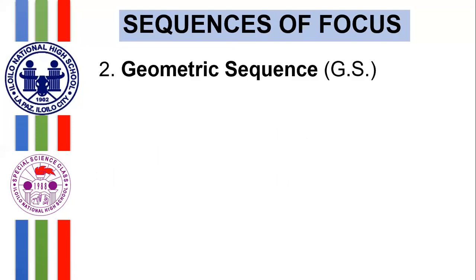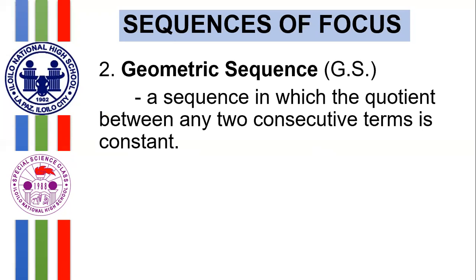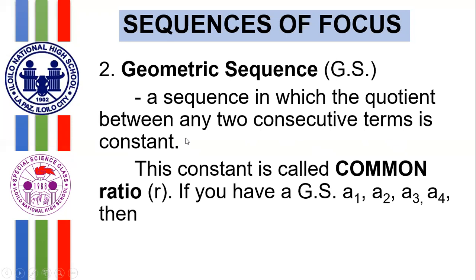Let us proceed with the second type of sequence, and we call it geometric sequence. Let's abbreviate it with GS. A sequence is said to be geometric in which the quotient between any two consecutive terms is constant. This constant is called the common ratio.